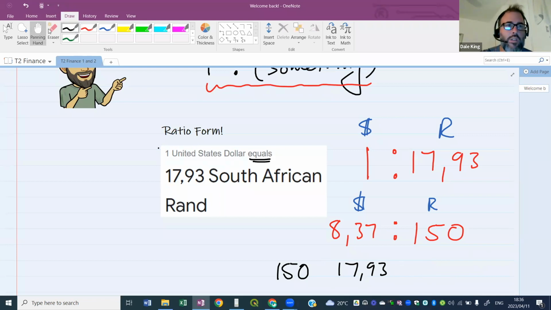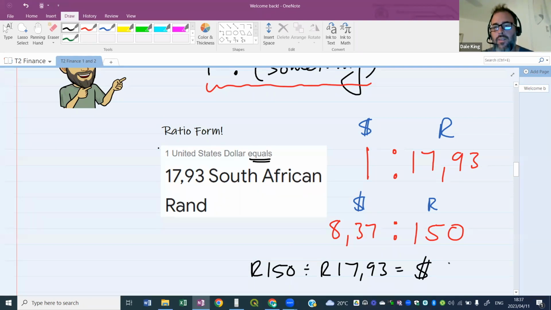All right, let me make space and put units. Okay, guys. Always show your units. 150 Rand divided by 17,93 Rand equals 8,37 US dollars. All right, good job. Okay, well done, guys.